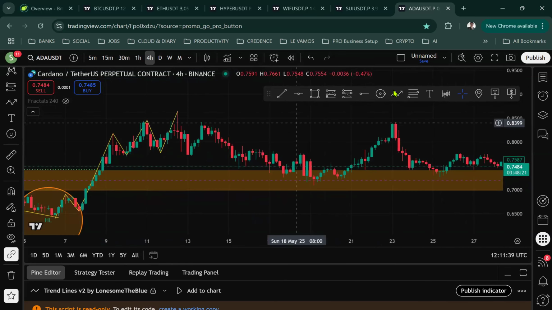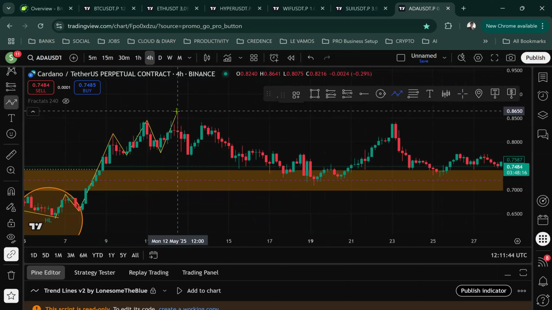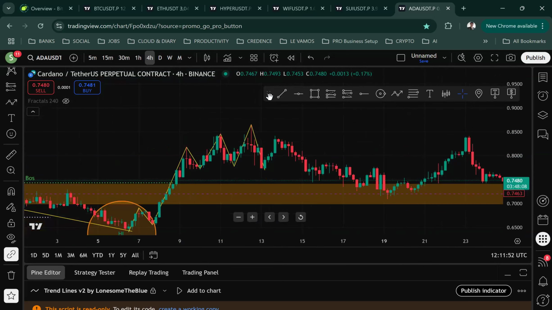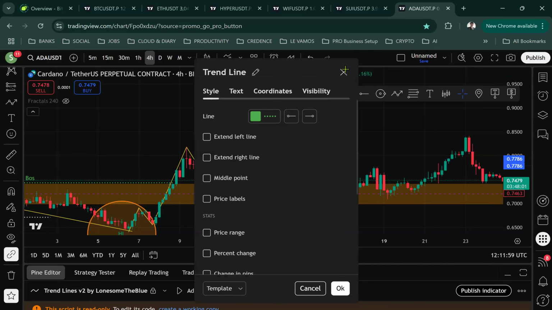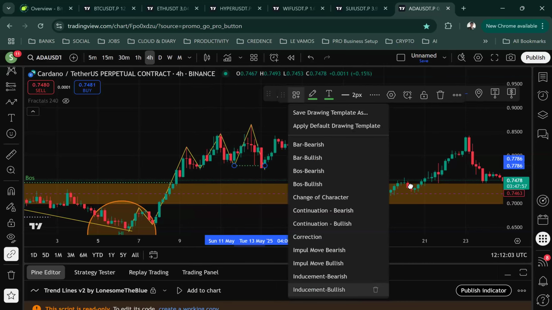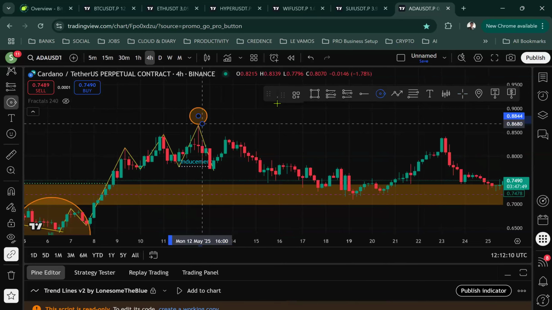Let me draw from my style now. So this is the last first point.